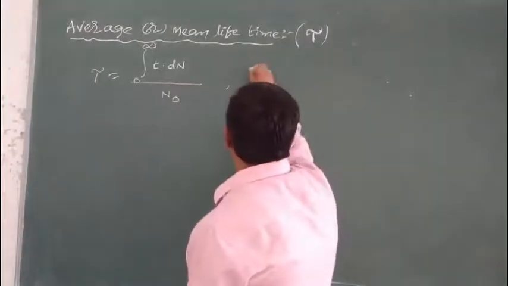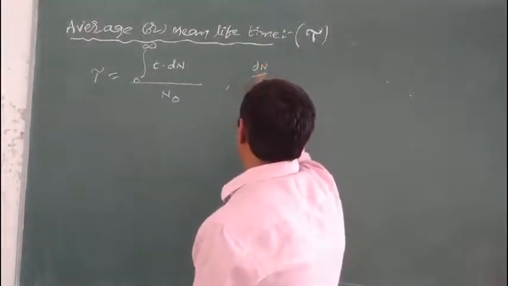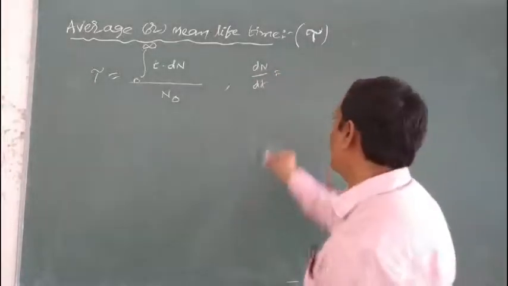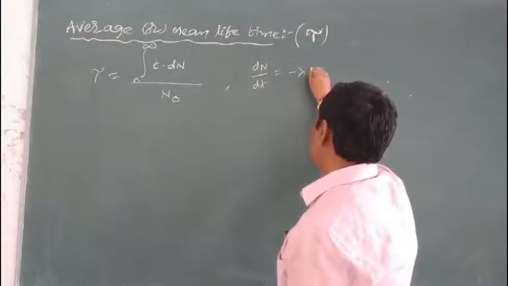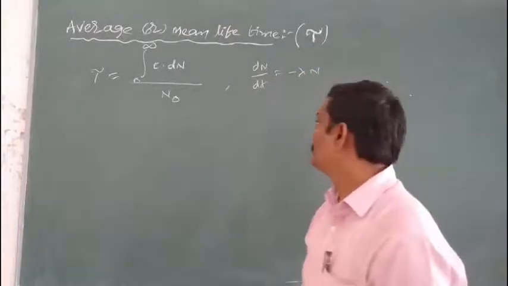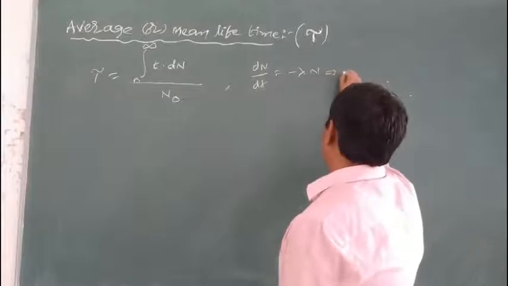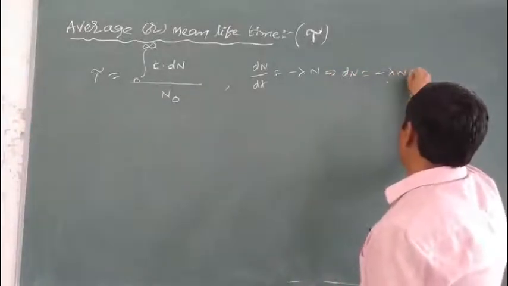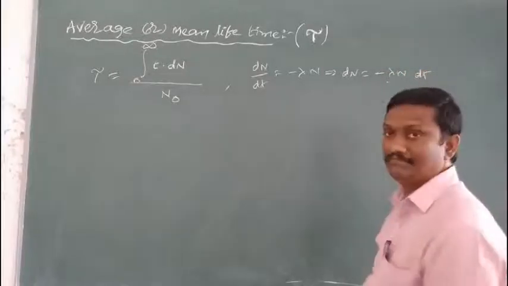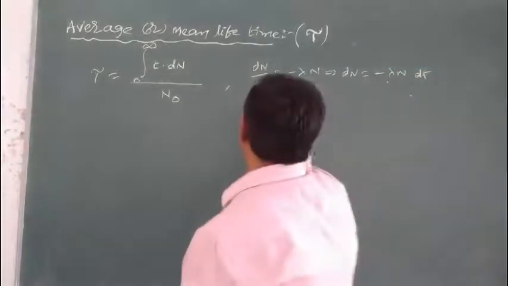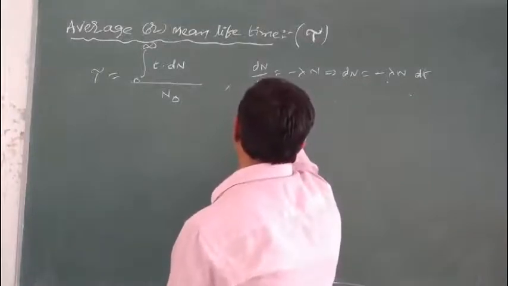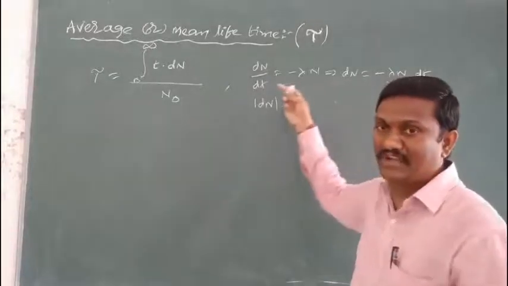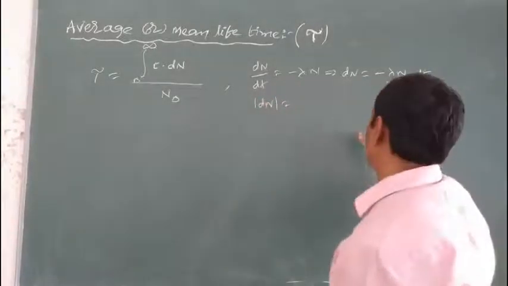According to the radioactive decay law, the rate of disintegration dN/dt is equal to minus lambda N. Or dN is equal to minus lambda N dt. The magnitude of any value is always positive: the magnitude of a negative value is positive, and the magnitude of a positive value is also positive.